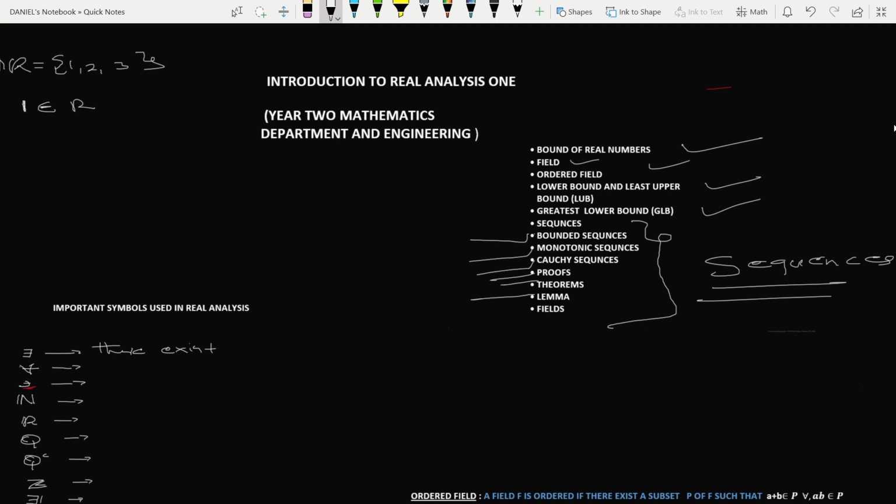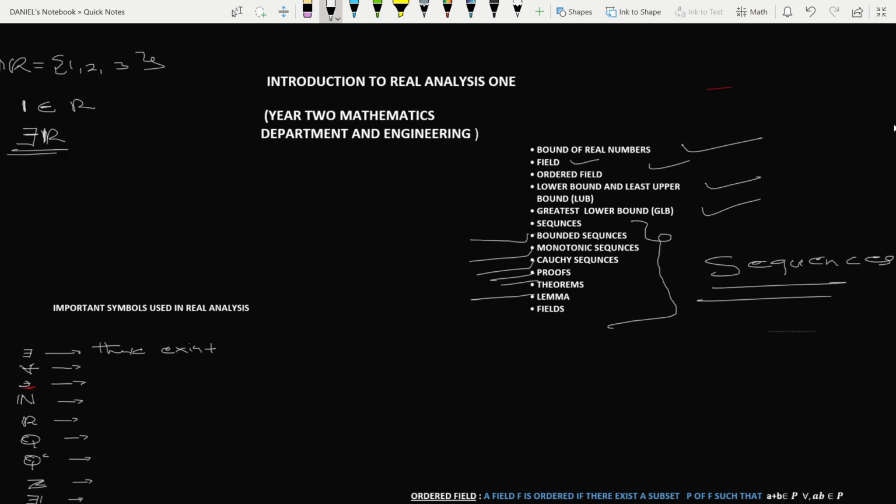We can say that there exists a real number. Do you understand? There exists a real number. So this is some of the ways we use the there exists symbol.